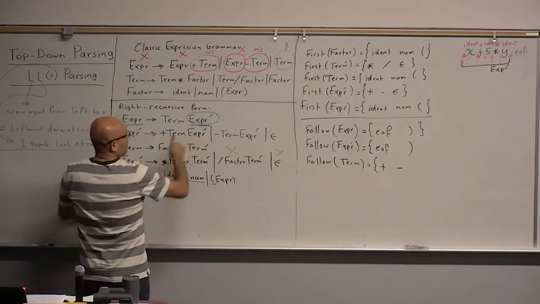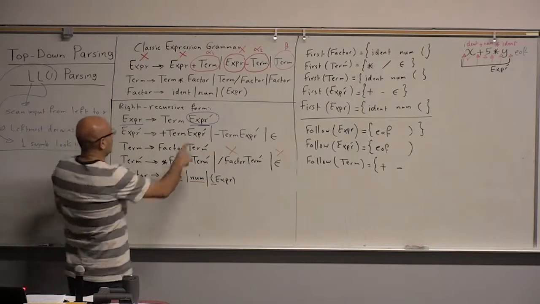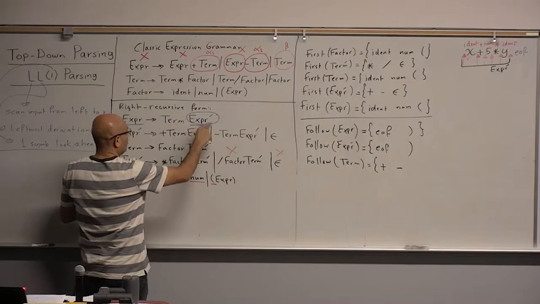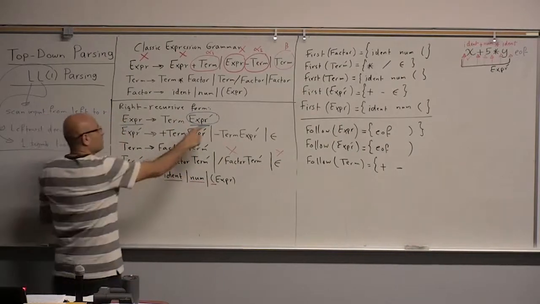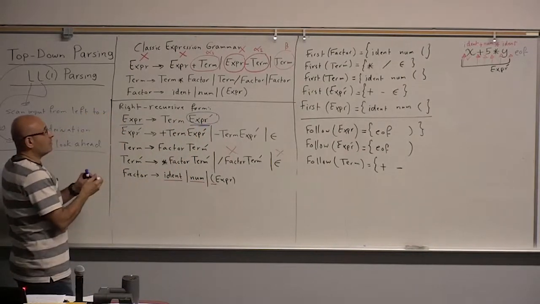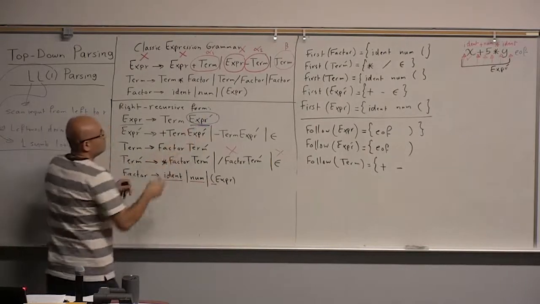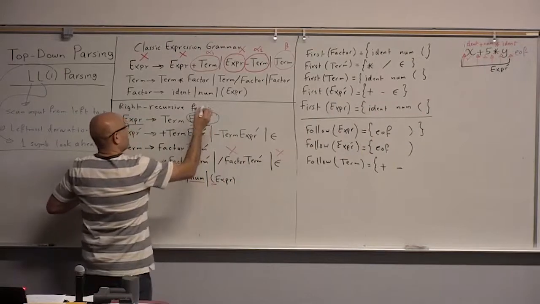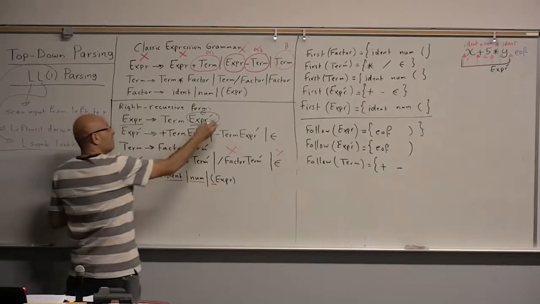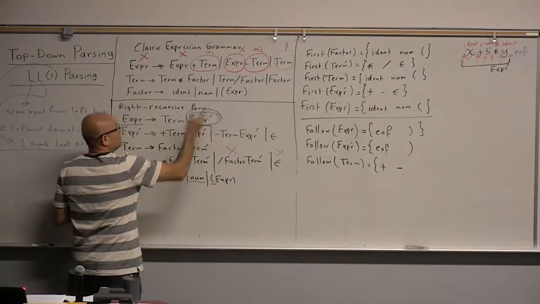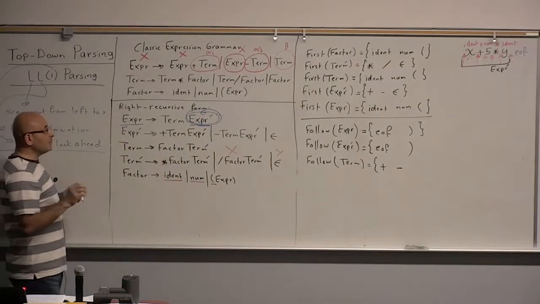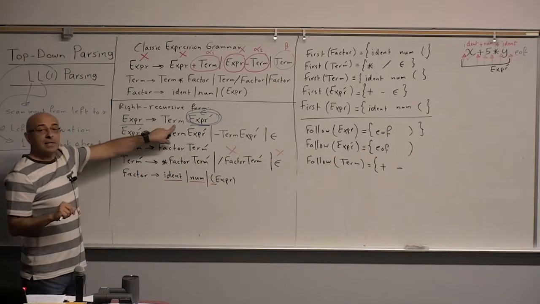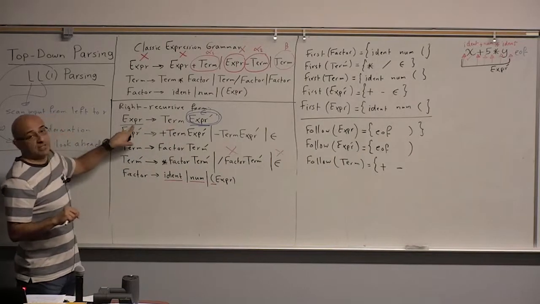Okay. Sorry. Term here, I have to not only look at the first of expression prime, but I also have to take into account that expression prime has an epsilon in its first set. So expression prime may vanish. I can substitute epsilon for it. And if it's possible to substitute epsilon for expression prime, this means that term can be the last thing in an expression.